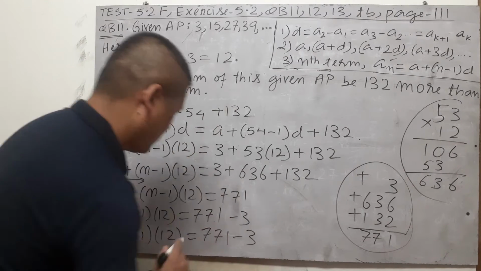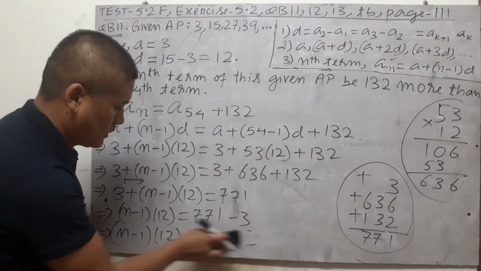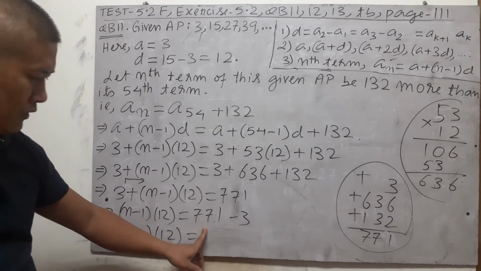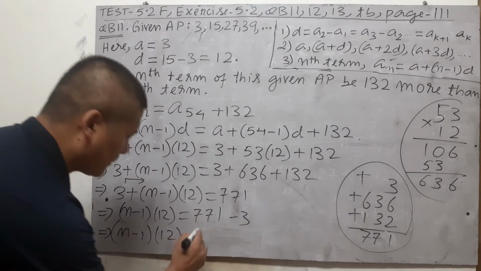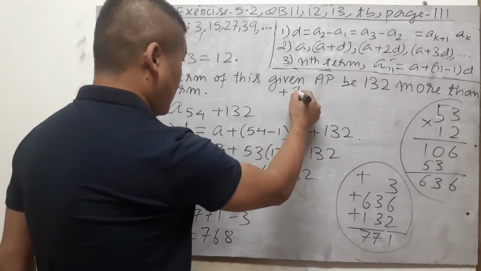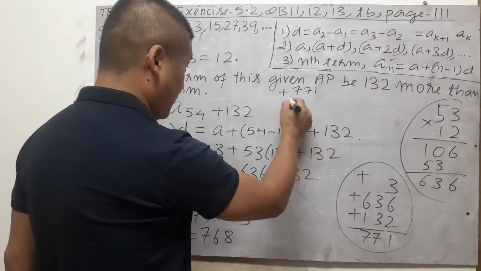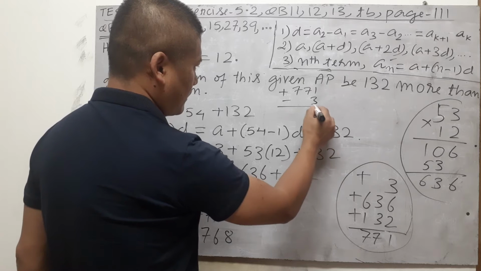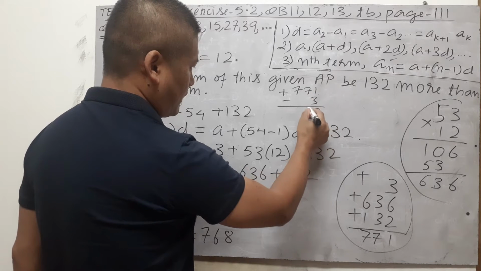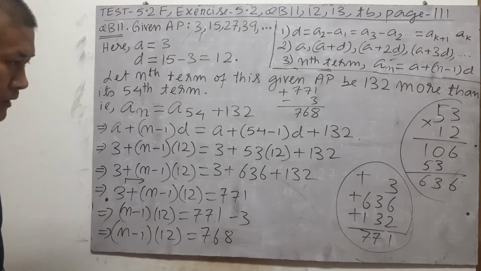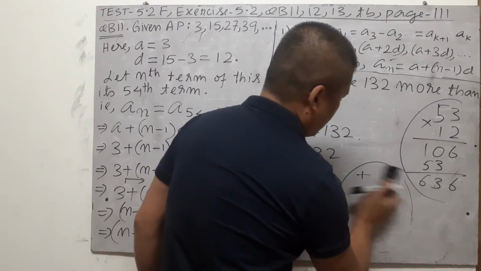Please correct the slight adjustment. 771 minus 3 will be 768, as you can see here. Taking 771, 11 minus 3 is 8, 1 taken will make 11 here, so only 6 left, and here 768. So next step, you're going to get here.